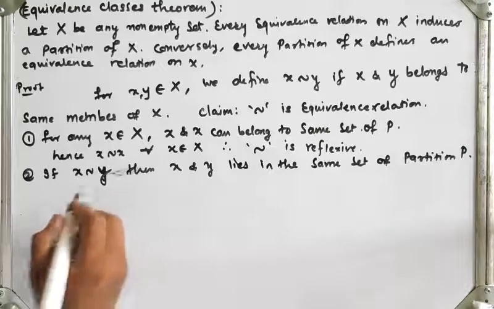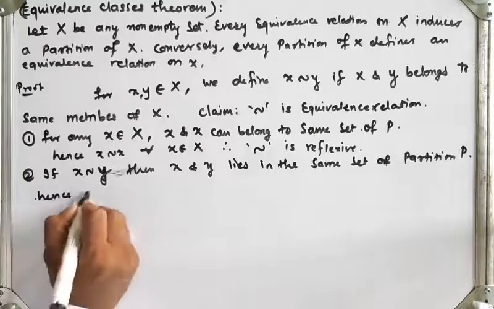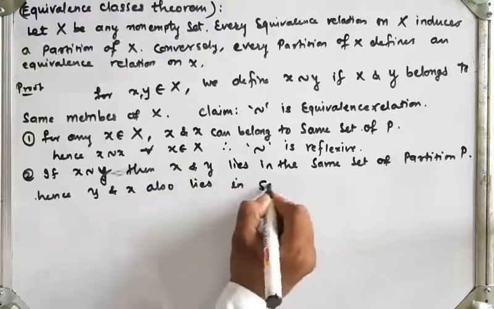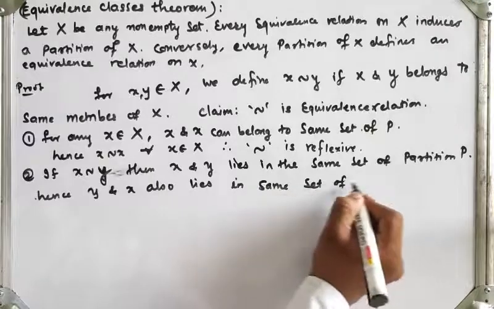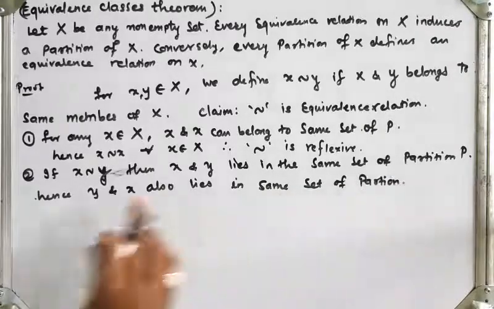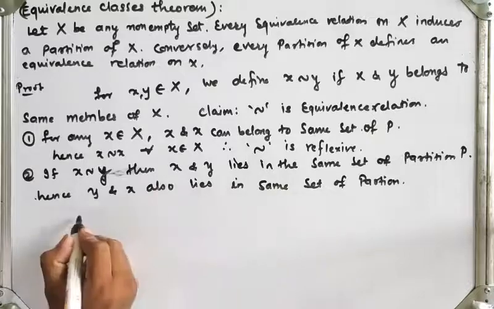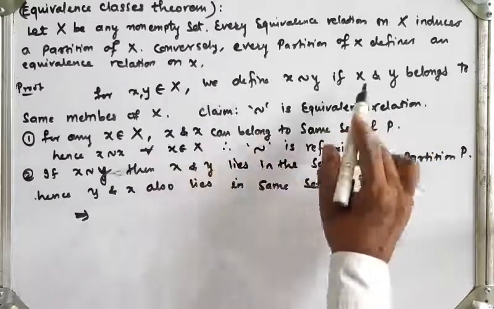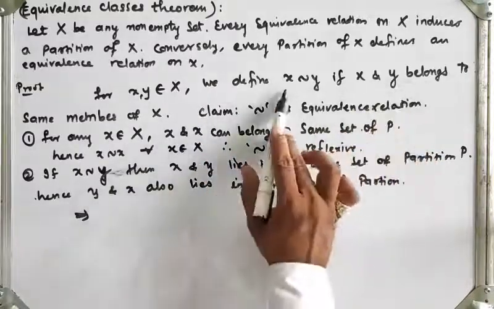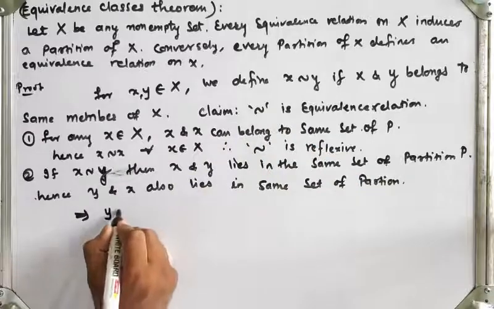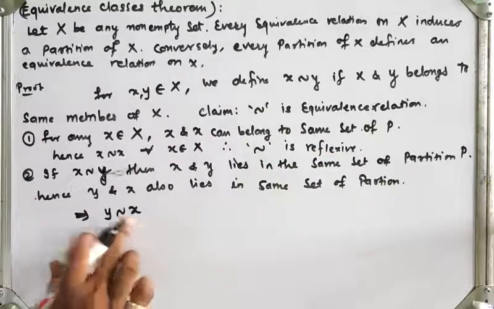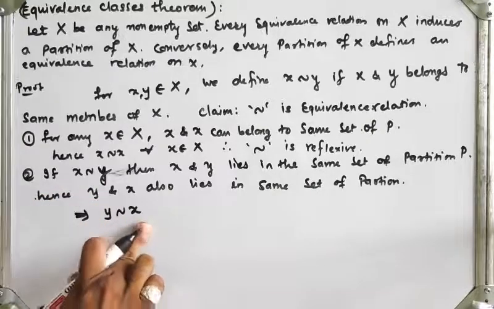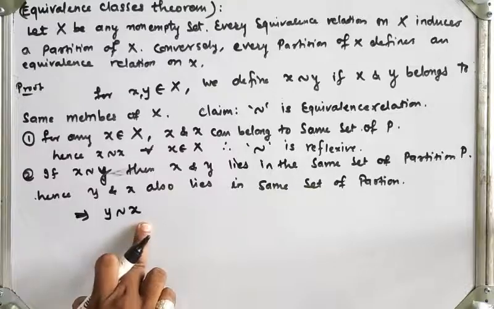So y and x also lie in the same set of partition. What we have defined, x tilde y, is x and y belong to the same set, and here y and x belong to the same set, meaning y is equivalent to x, which implies y tilde x. We were given x tilde y and we get y tilde x, which means tilde is symmetric.